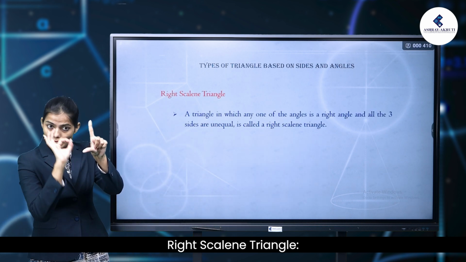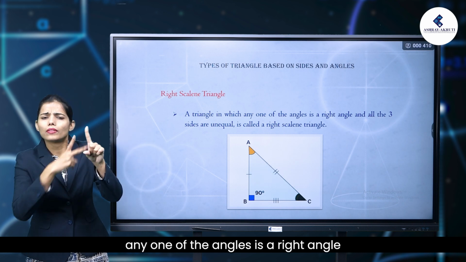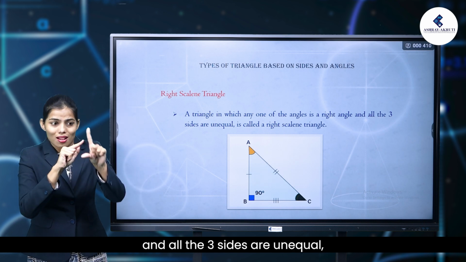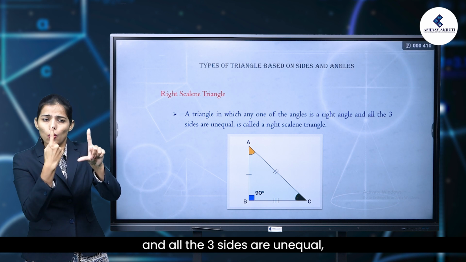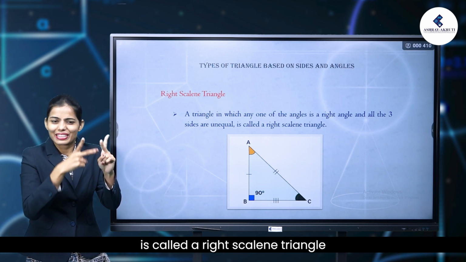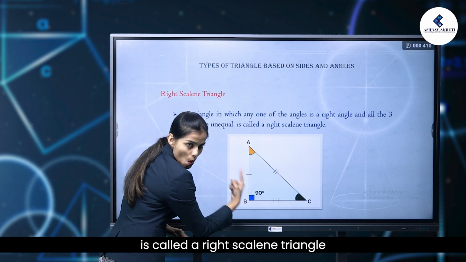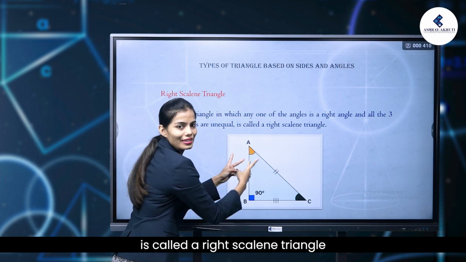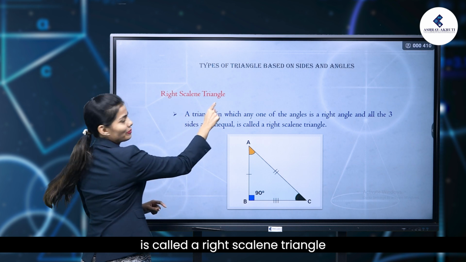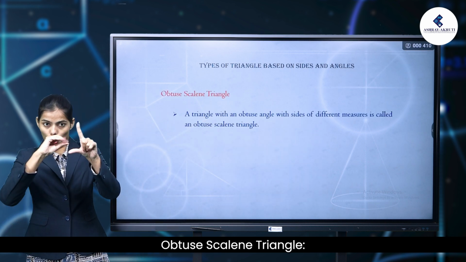Right scalene triangle. A triangle in which any one of the angles is a right angle and all the three sides are unequal is called a right scalene triangle. Obtuse scalene triangle.